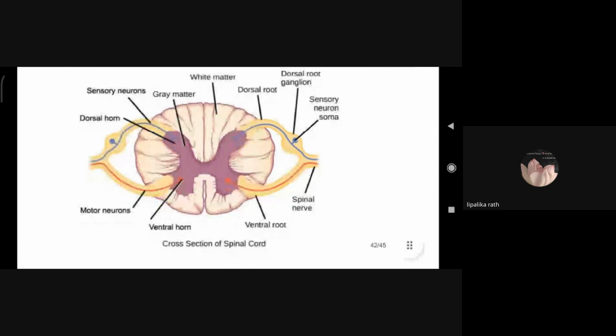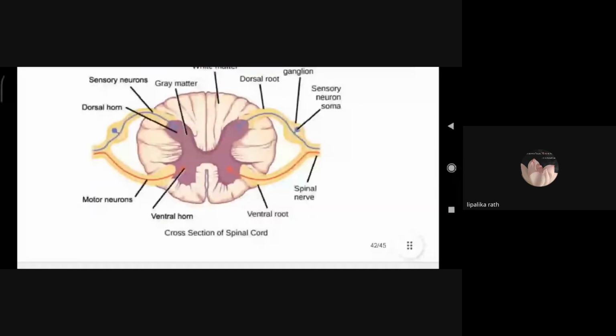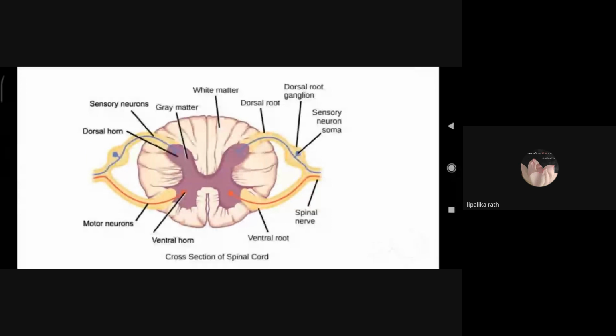Then the back side of the vertebrae is the harder portion. Yes. So we will continue the session. Any question? Any confusion? Any doubt?